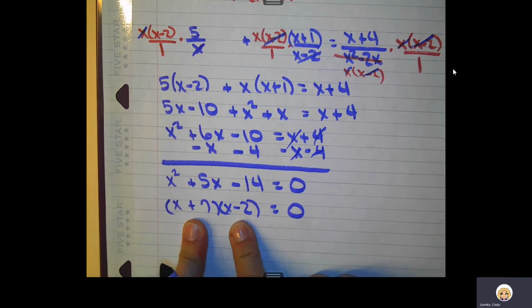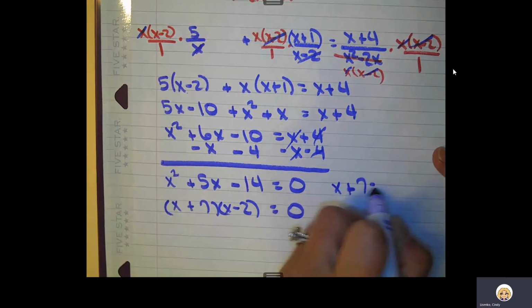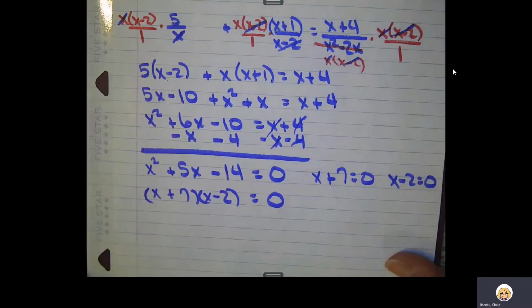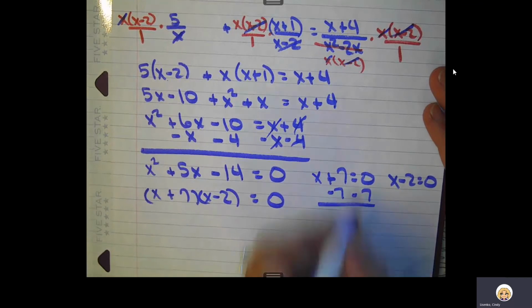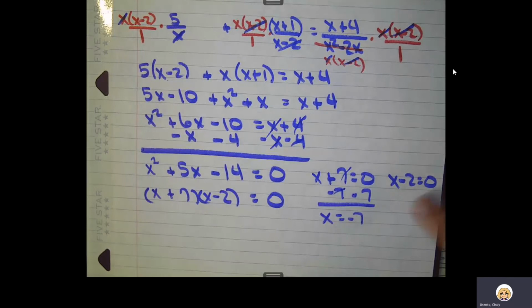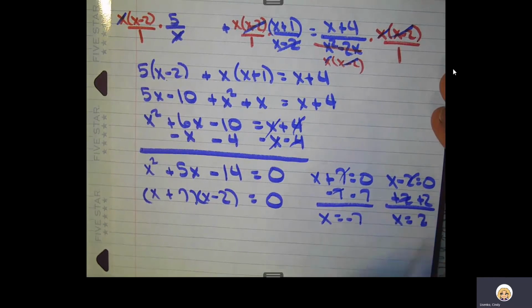Next part, I can split these up and set them equal to 0. So we have, I'll put it over here, x plus 7 equals 0, x minus 2 equals 0. Now we solve. Minus 7 on both sides. That gives us negative 7. I'm not going to circle yet. Over here, if I add 2, x equals 2.